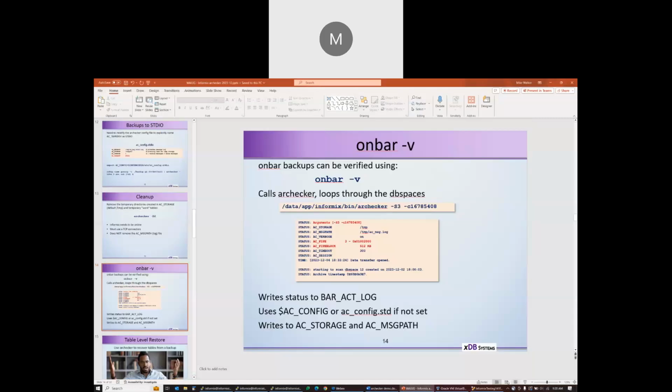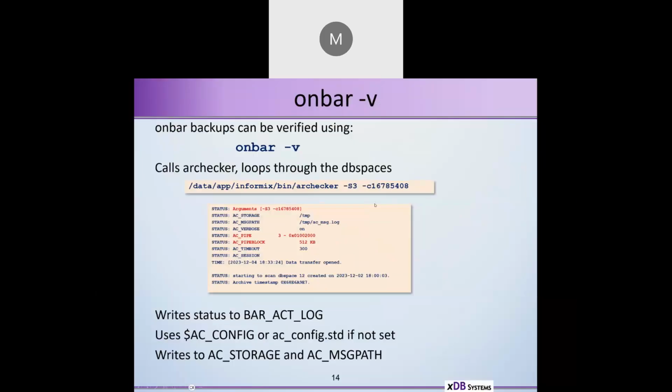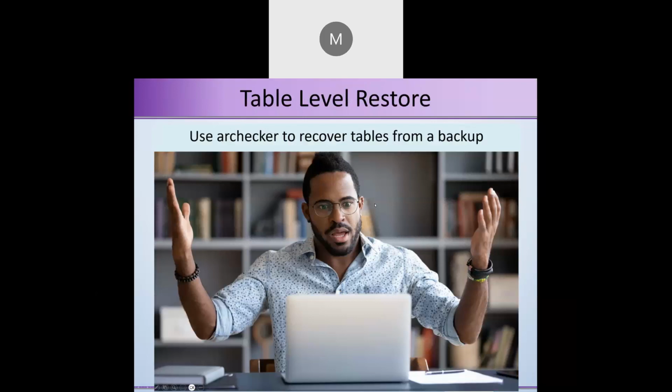Now let's get back to the other feature of archecker, which is very useful, and that's the ability to restore one or more tables from a backup using a table level restore.